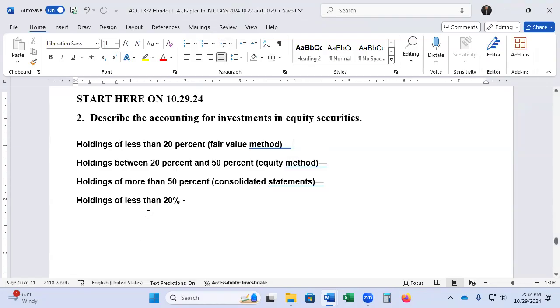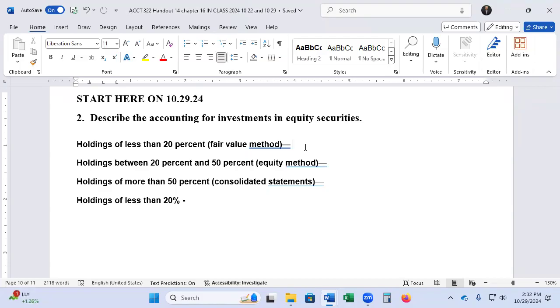Now, keep in mind that you can always use the fair value method, but in general, companies that choose to use the standard accounting, when they hold less than 20%, you look at how much influence they have, how much control do they have over the company. And so the FASB has said less than 20%, 20 to 50%, and over 50%.